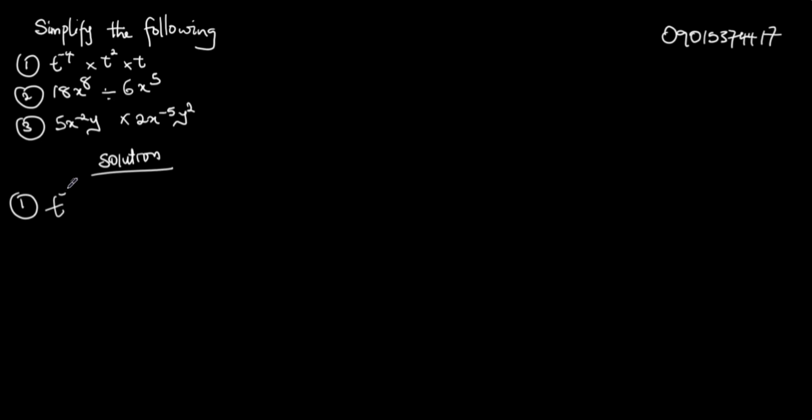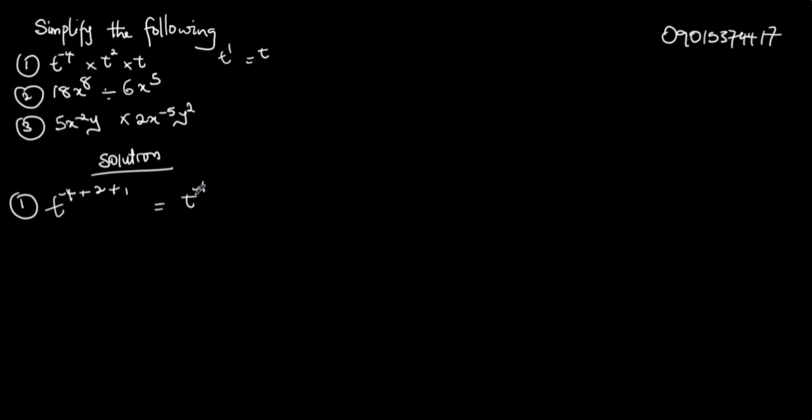So we have minus 4 for the first index, plus 2, the second index, plus the index for the third base, which is 1, because t raised to the power 1 is the same thing as t. So this will give us t raised to the power minus 4 plus 2, which is minus 2, and then minus 2 plus 1 is minus 1.